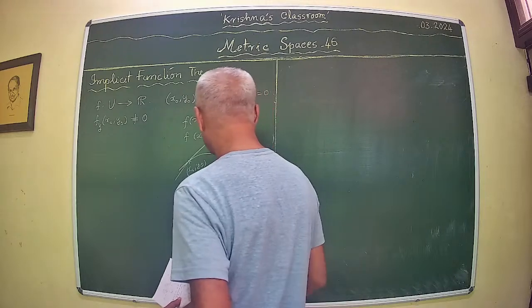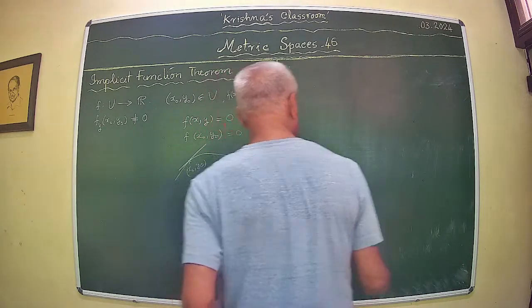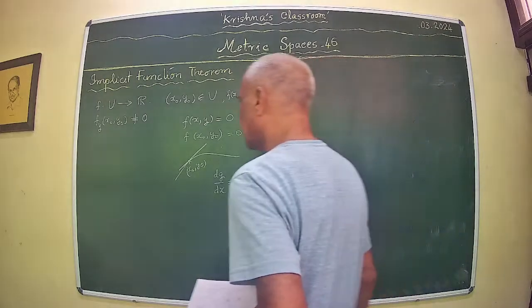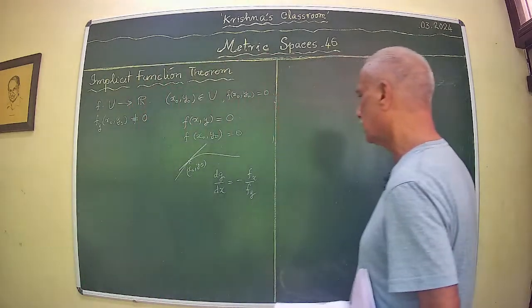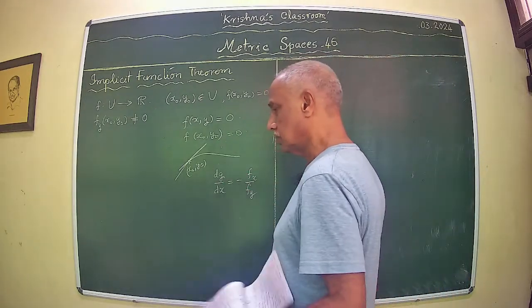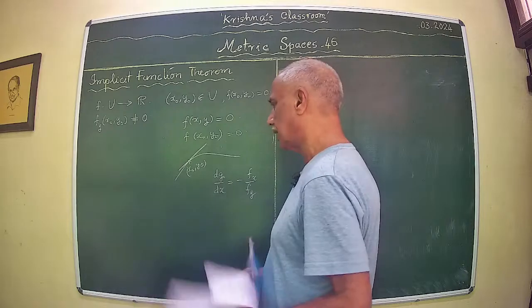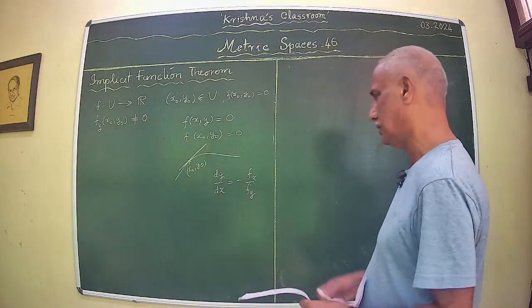That's the problem. Sometimes both fx and fy may be 0, as you have seen in the case of a pair of straight lines at the point of intersection. There the slope of the tangent to the curve is not defined.